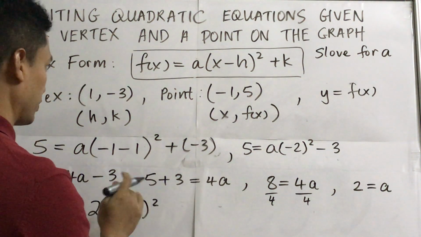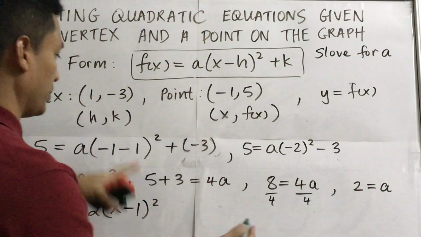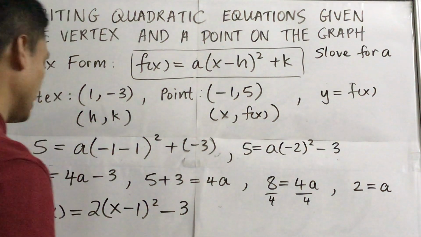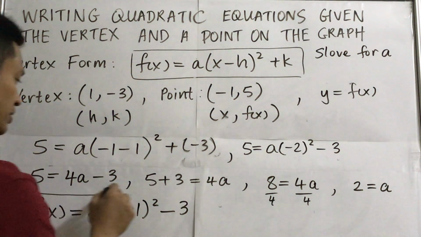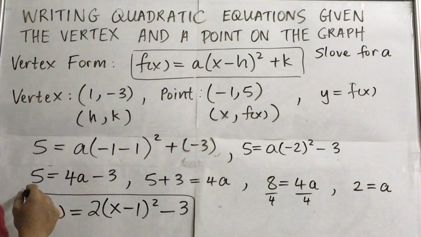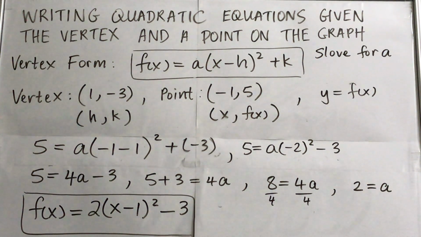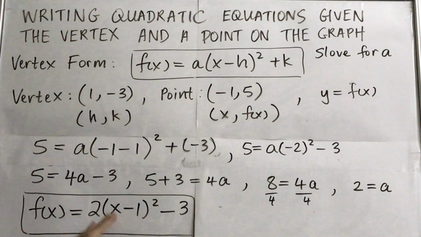And substitute the k as well, which is -3. Plus -3, I'm just going to go ahead and put the 3 here. So this is my equation in vertex form. Again, you need the f of x to be there, and you need the x to be there.